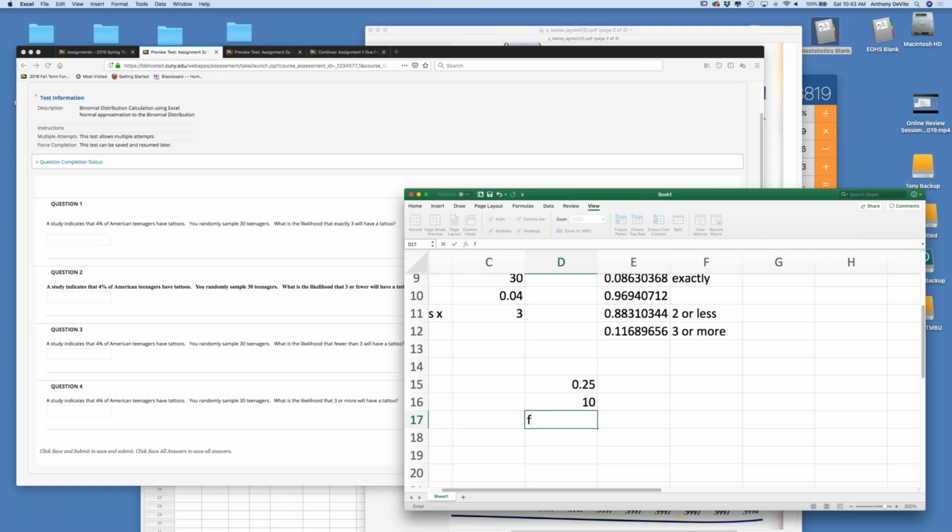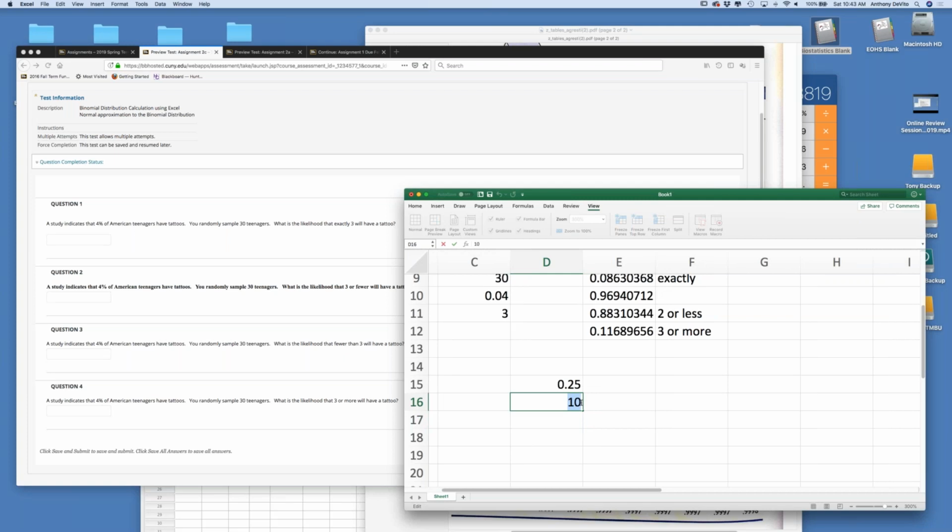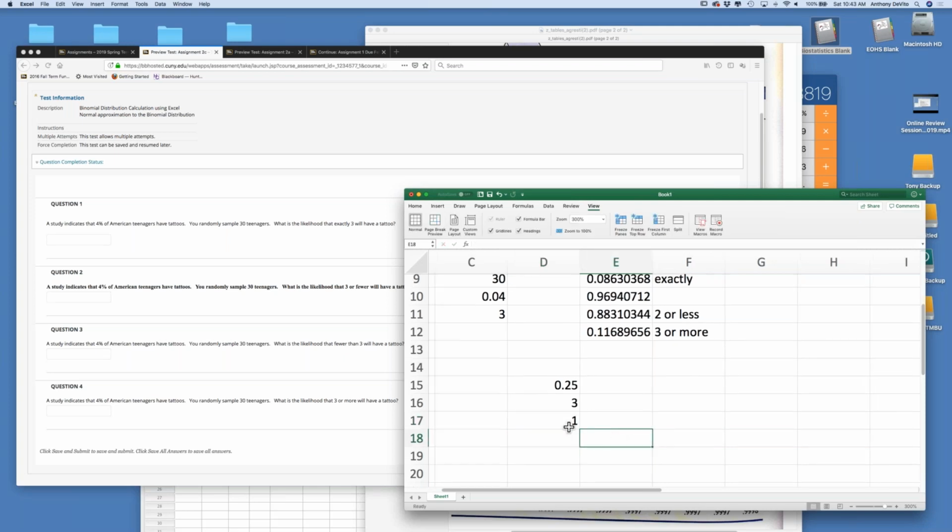If I were to randomly select 3 people from this population, and I ask you, what's the probability that 1 out of 3 of these people are diabetic? Well, then you would use a binomial distribution.